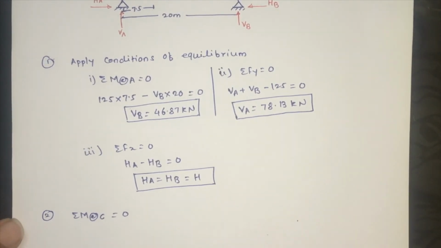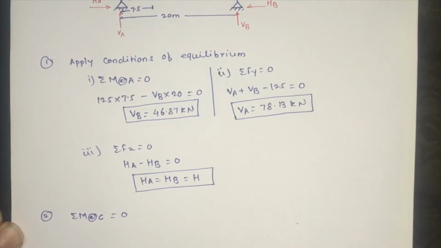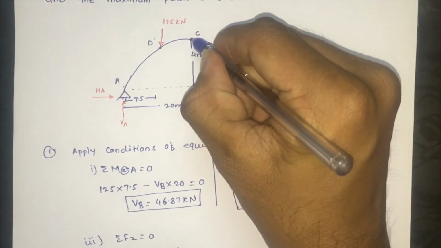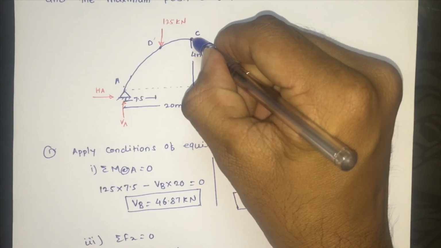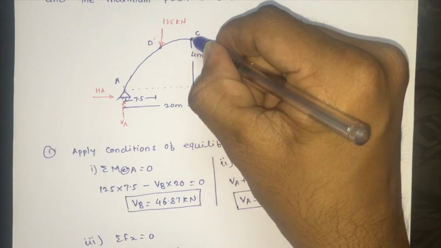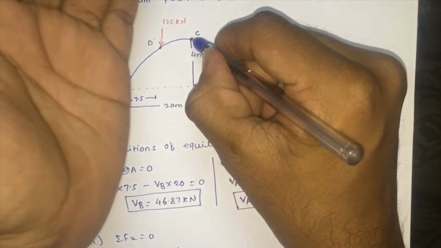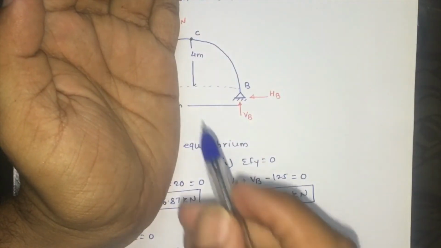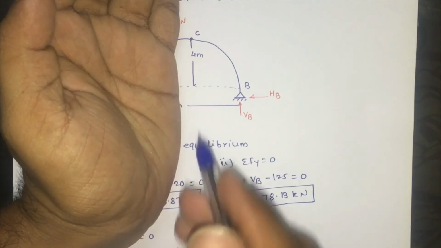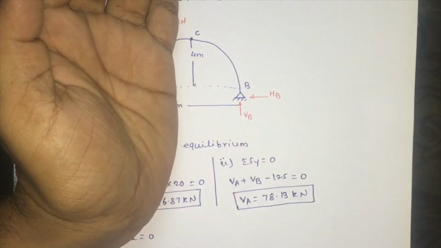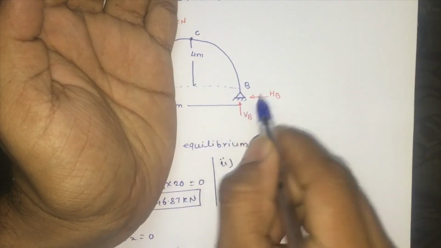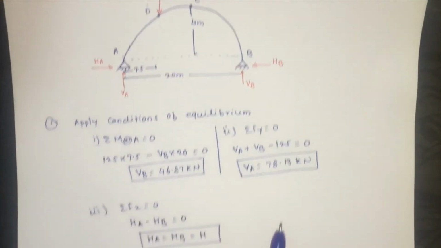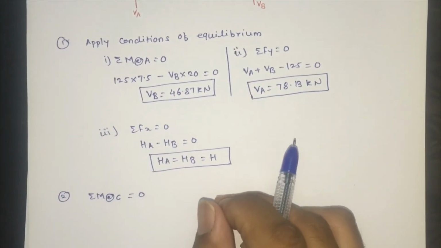So in this diagram we have to consider either the left or right side of the portion. If I select the right side of the portion and take the moment, the moment of this right hand side is VB into this distance and HB into this distance. So I just write the moment.